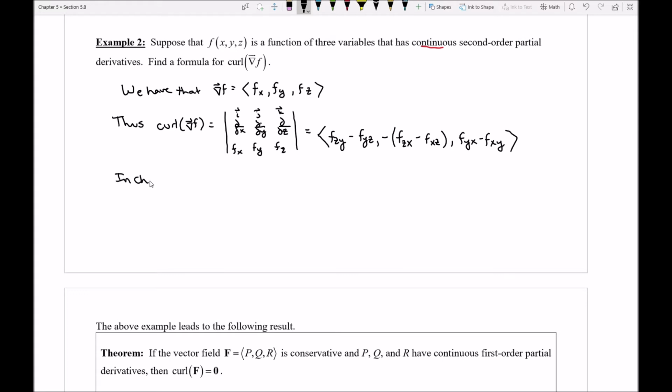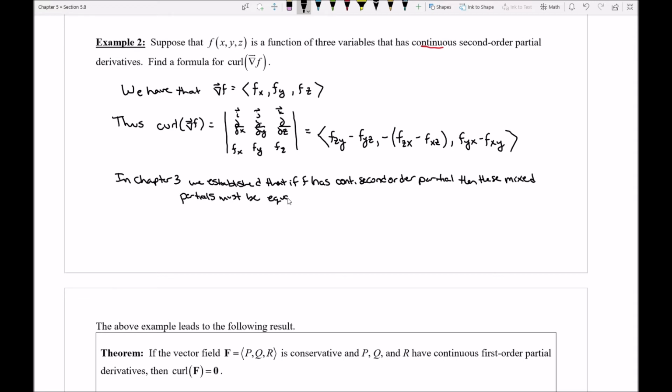So we can say this. In Chapter 3, we established that if f has continuous second-order partials, then these mixed partials must be equal.